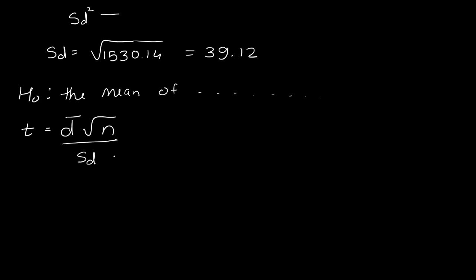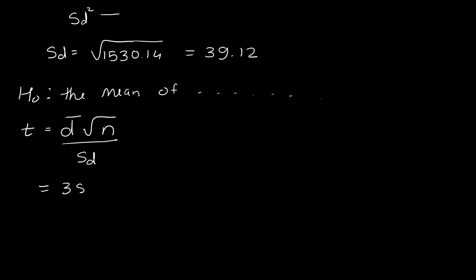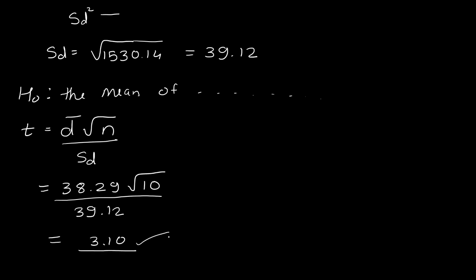Now d bar is 38.29, so 38.29 with root n, root 10, and standard deviation 39.12. Whatever this value is, I think this comes out to be 3.10. You just need to recheck this. This value comes out to be approximately 3.10. So this is my calculated t value.